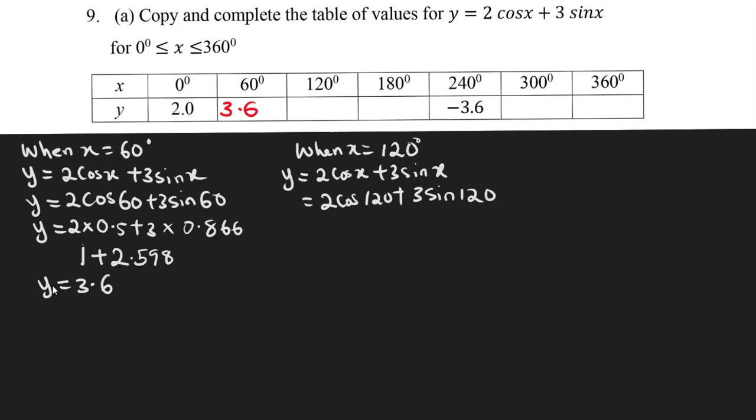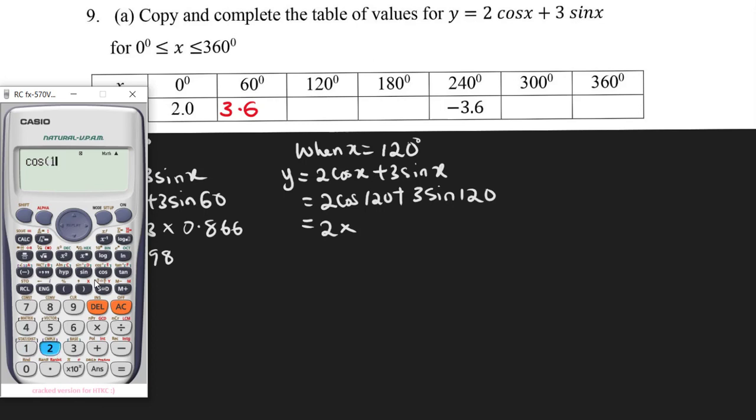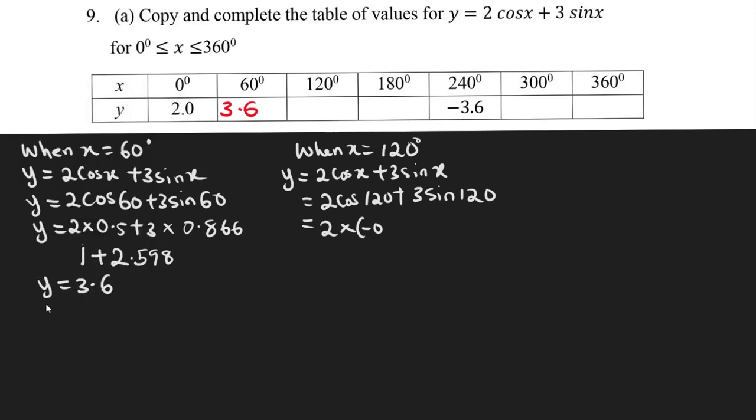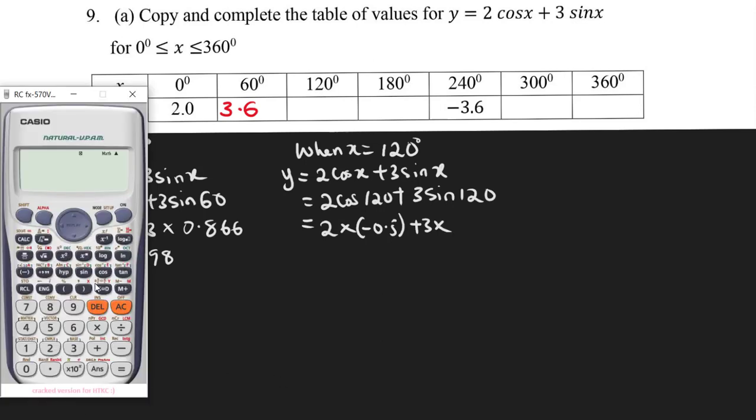So what is cos 120 degrees? It is minus 0.5. So we have minus 0.5, plus 3 times sine 120 degrees, which is 0.866.